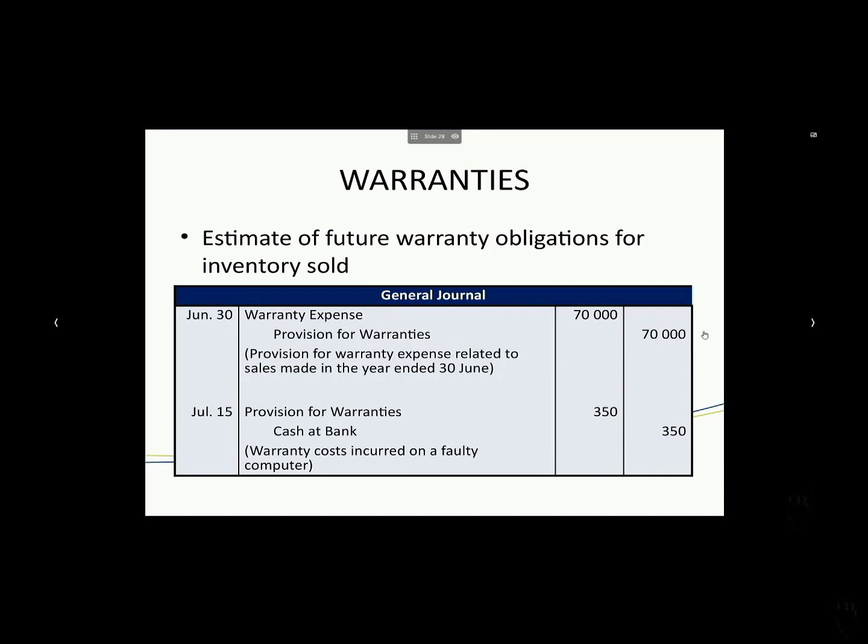That is the liability, or the provision, sorry, and the provision is a particular type of liability. And when the product becomes defective, then provision for warranty is debited and the customer is paid, credit cash at bank. Okay, so that's the complete entries that are associated with warranty.